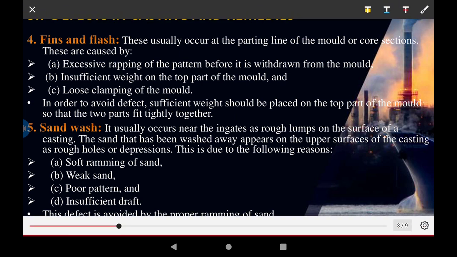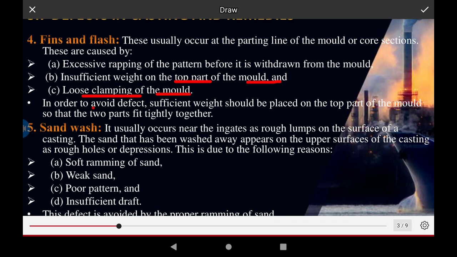Defects in the gating system: flash and fins. These usually occur at the parting line of the mold and core sections. They are caused by excessive rapping of the pattern before the withdrawal from the mold, insufficient weight on the top part of the mold, and loose clamping of the mold.